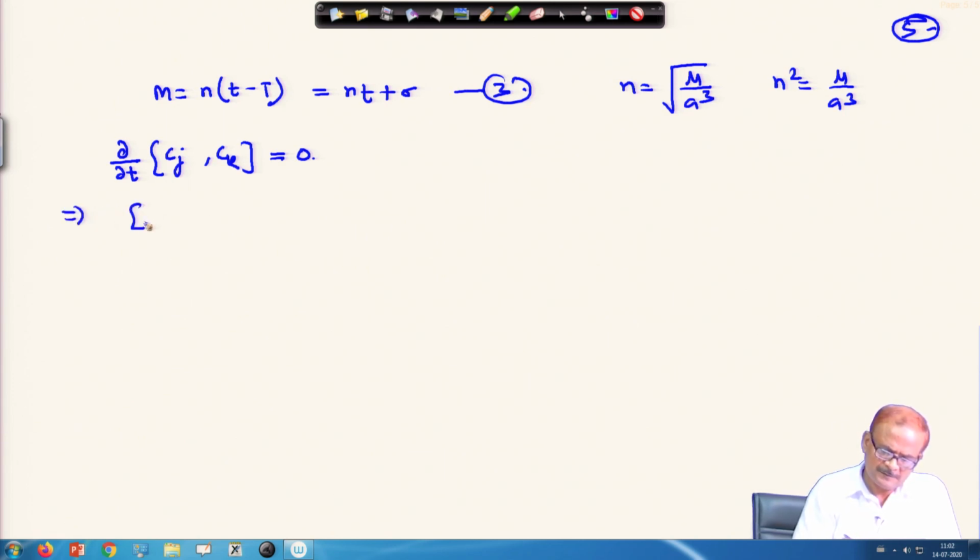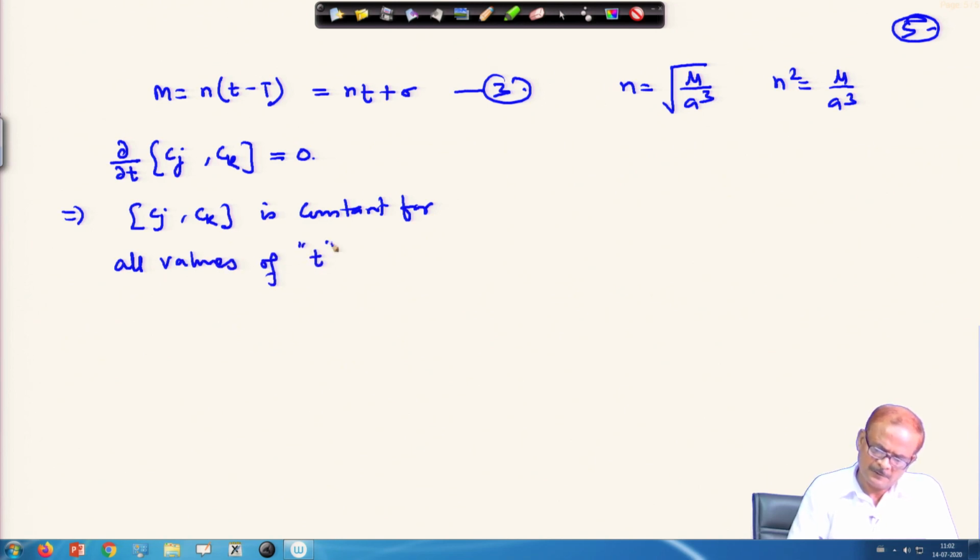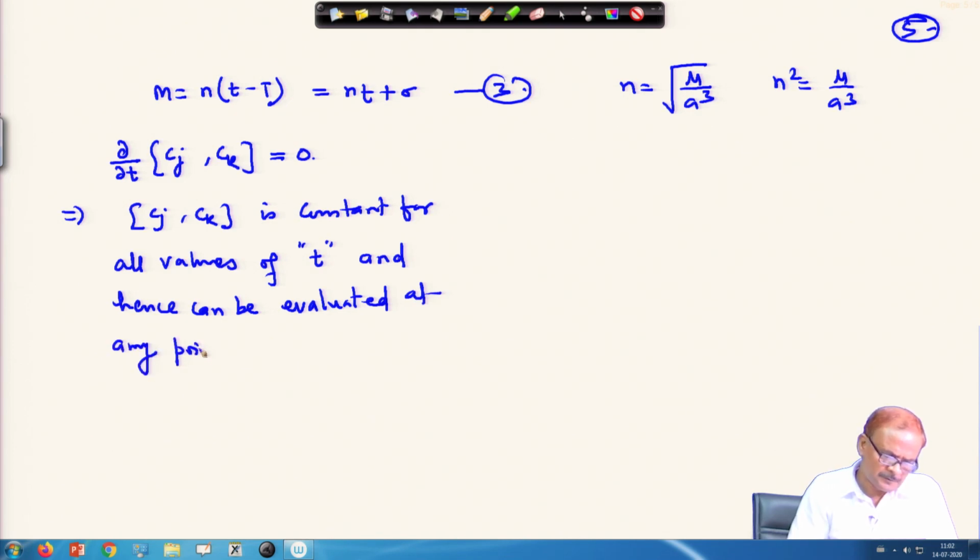This implies that the bracket c j c k is constant for all values of t, and hence can be evaluated at any point in the osculating orbit.